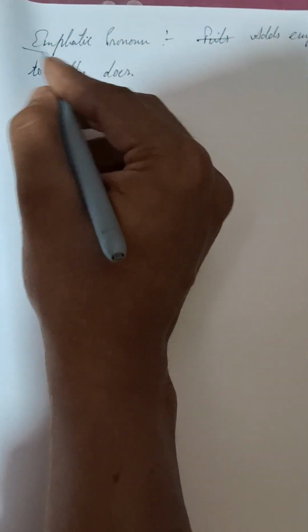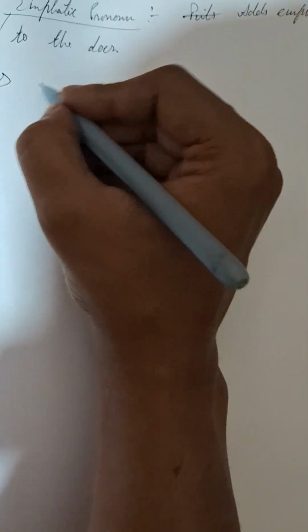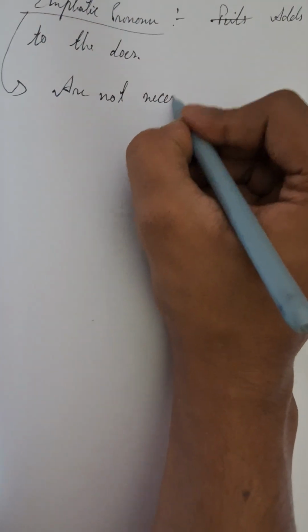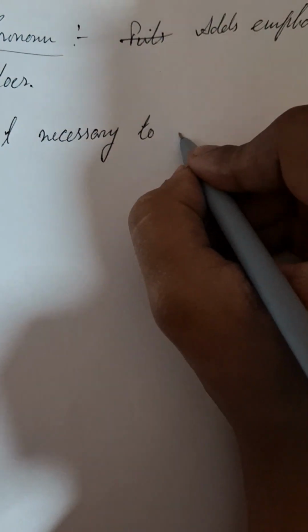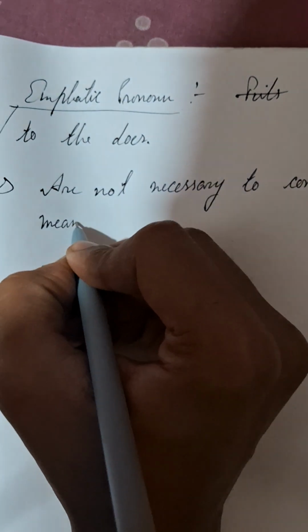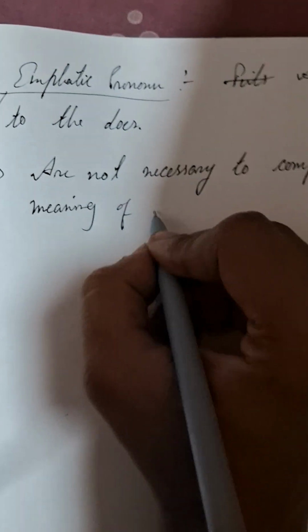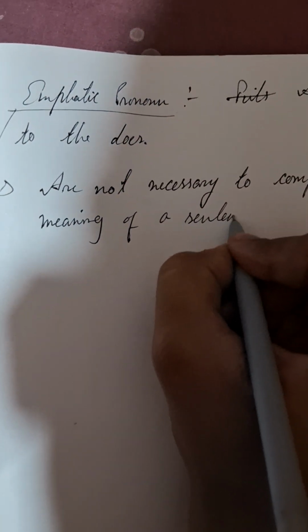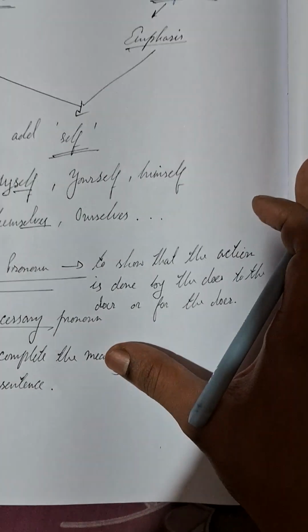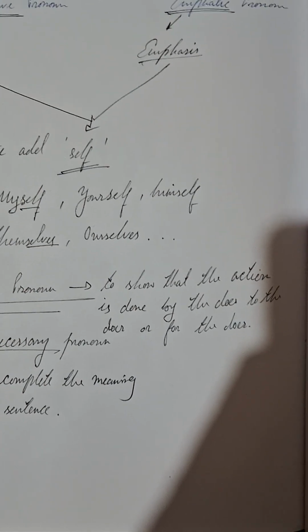But as I said, emphatic pronouns are not necessary to complete the meaning of a sentence. Now, as I've said a lot, now get to the most important part, examples.